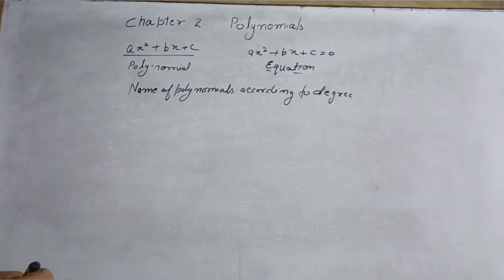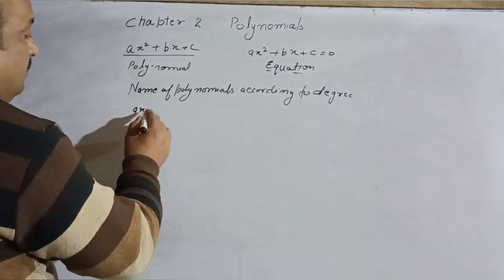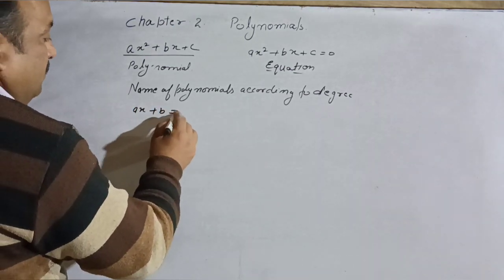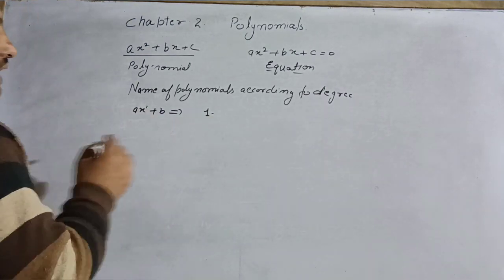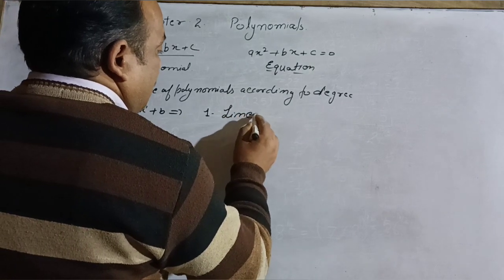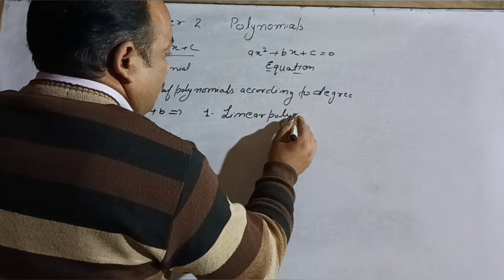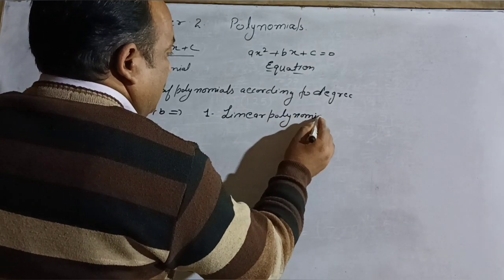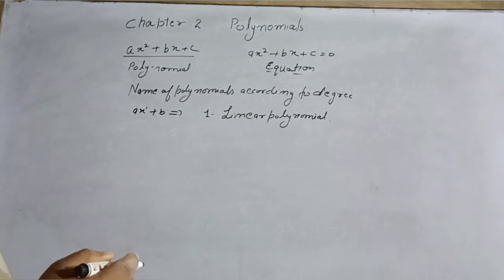According to degree, the names of the polynomials. First is the power of like this, ax plus b. It has one power, and this is called a linear polynomial. If a polynomial has power 1, it is called a linear polynomial.